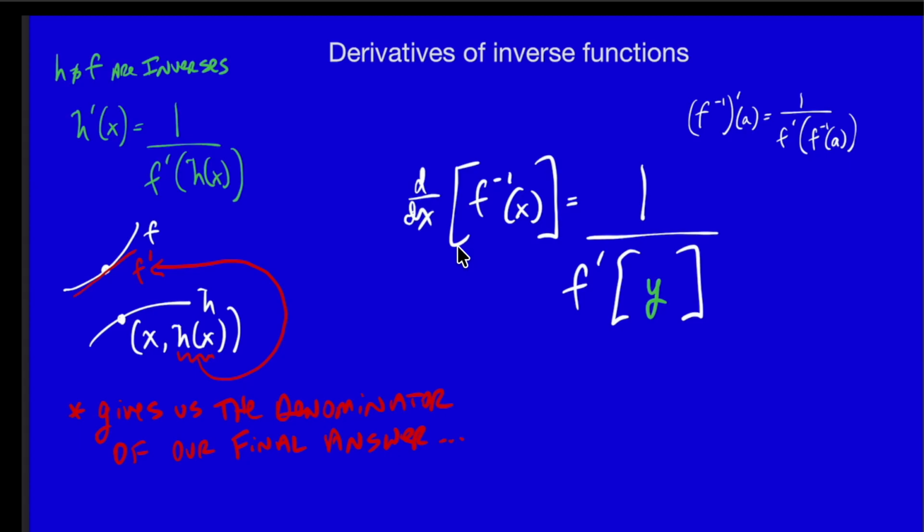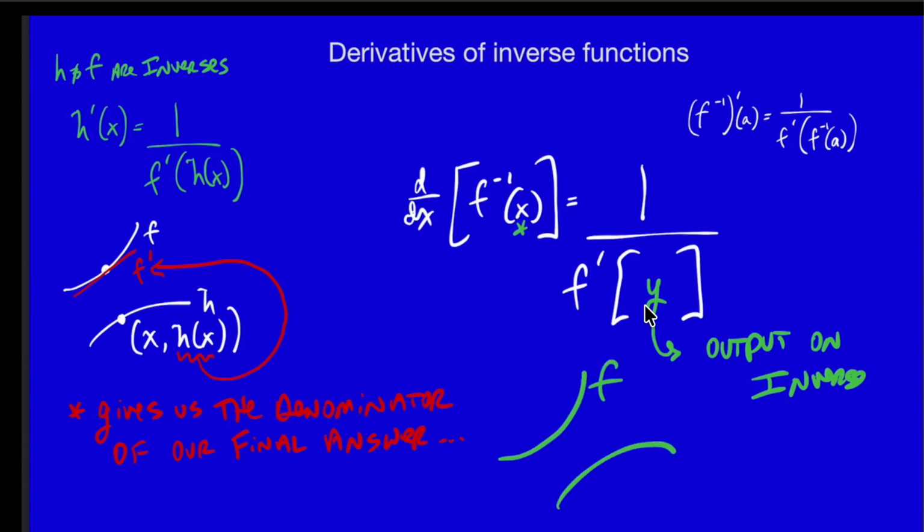Folks, here's yet another way you're going to see this written. You're going to see the derivative of the inverse function is 1 over f prime of y. But you have to remember that y is the output of the inverse function when you input x. So in that scenario, you have an f here and an inverse here. Sometimes they'll call this g as an inverse.